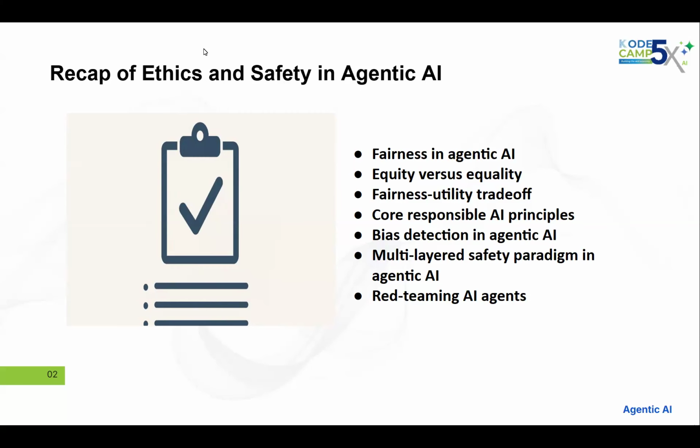He also told us about the safety paradigm in agentic AI, that it is multi-layered, in the sense that there are different layers that need to be put into consideration as far as safety is concerned.